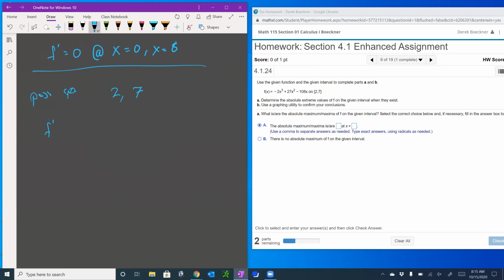I have to look at f prime, which is equal to minus 6x squared plus 54x minus 108, right? That's defined everywhere, so I don't have any place where the first derivative is undefined. So no domain issues.